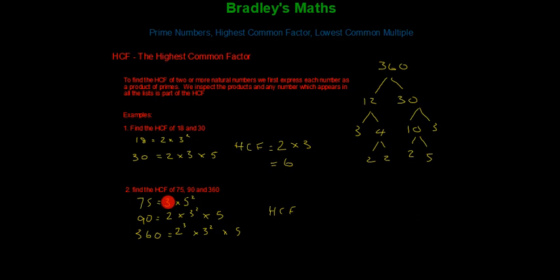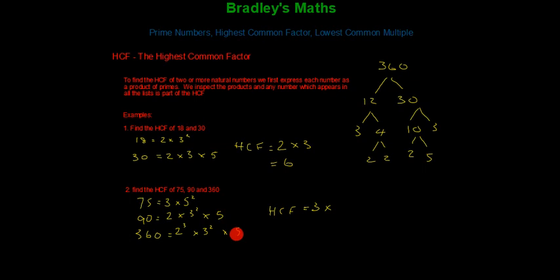3, 3 squared, 3 squared, the 3 is common. So our HCF equals 3 times, and then we have 5 squared, 5, 5.